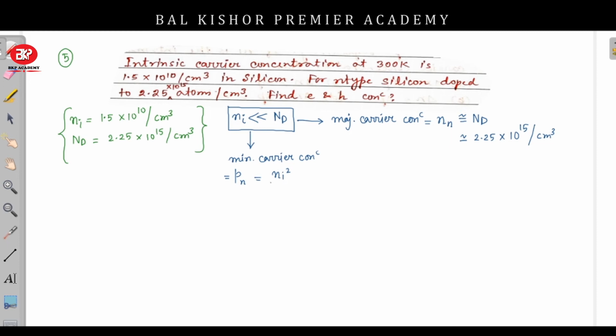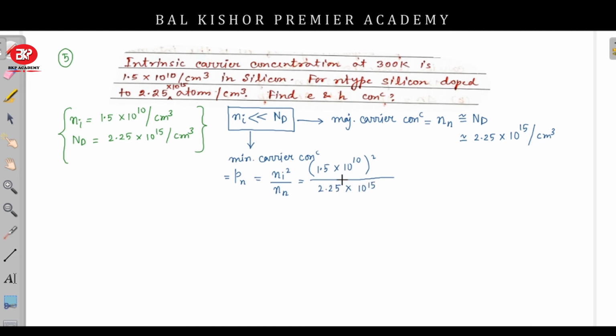So the mass action law is Ni square divided by the majority carrier concentration, and the majority carrier concentration is Nn. So Ni value is given as 1.5 into 10 to the power 10, its square, and the Nn value will be 2.25 into 10 to the power 15.